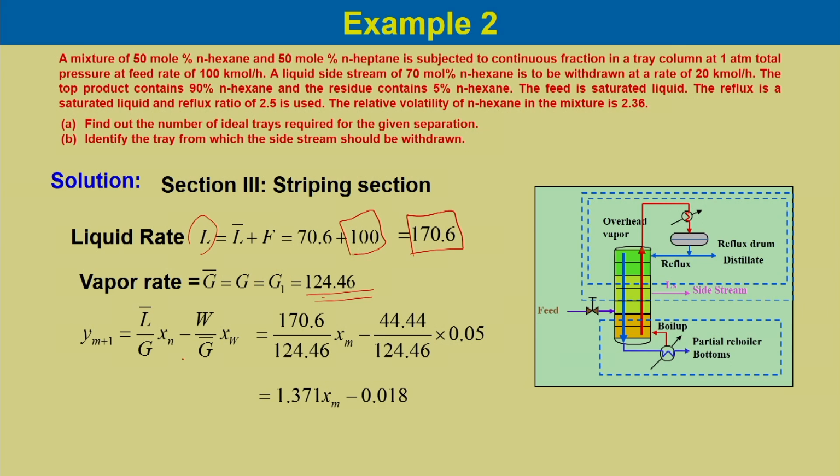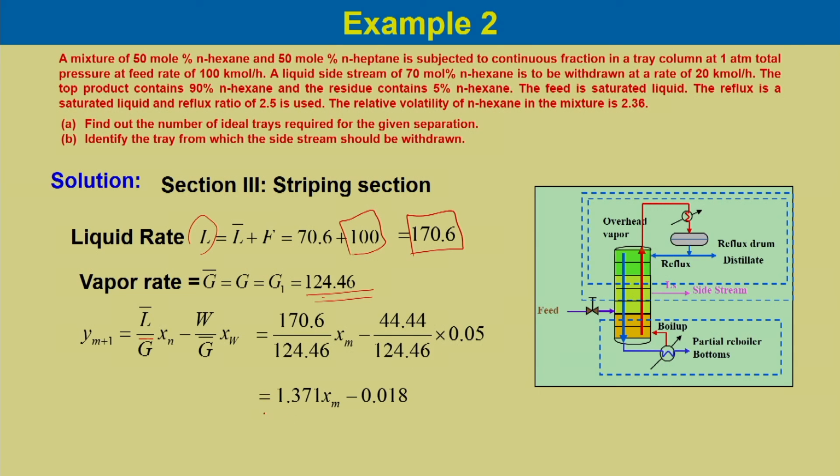Now, the operating line equation for the stripping section is y m plus 1 equal to L bar by G bar into xm minus W by G bar into xW. So, this is equal to 170.6 divided by 124.46 into xm minus 44.44 divided by 124.46 into 0.05.